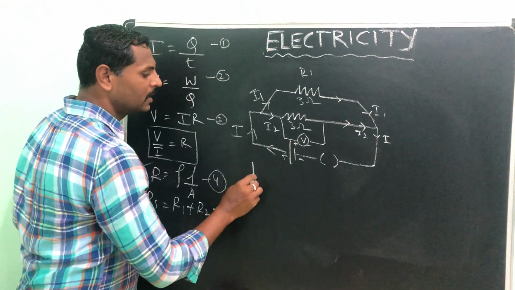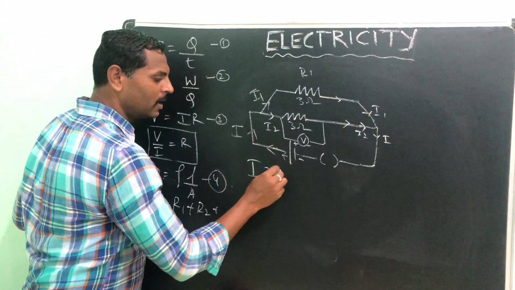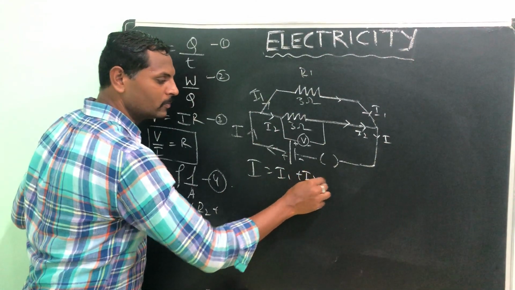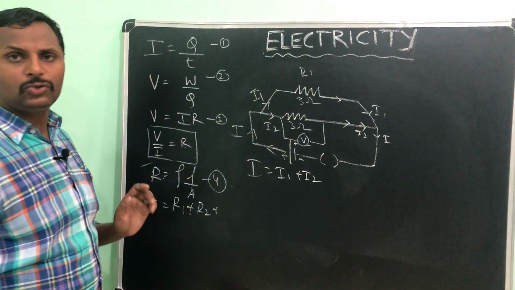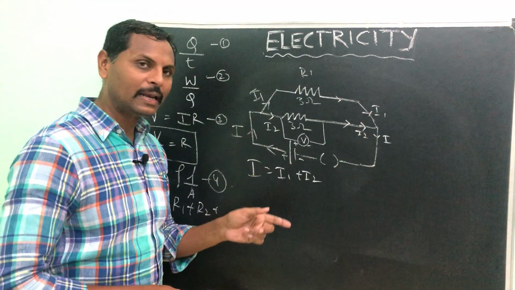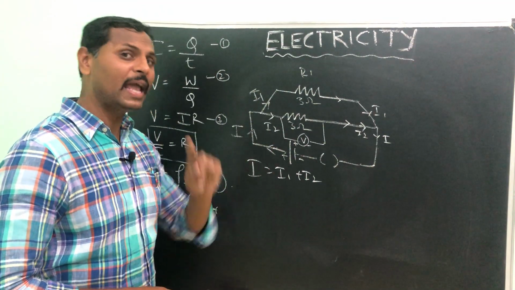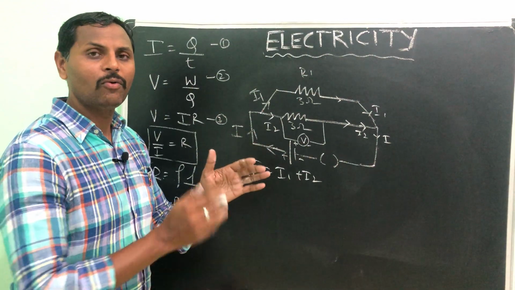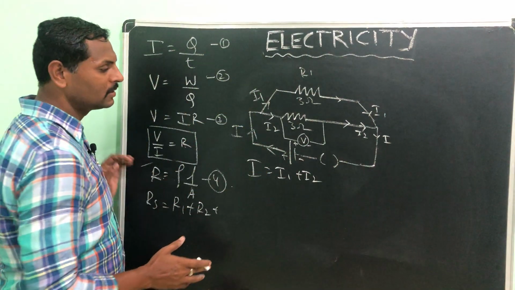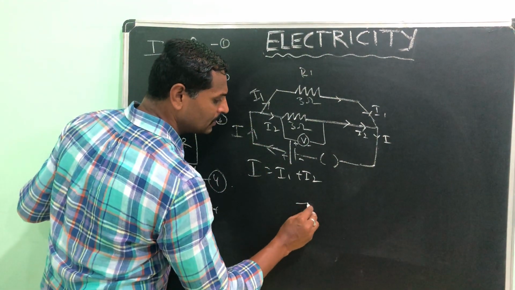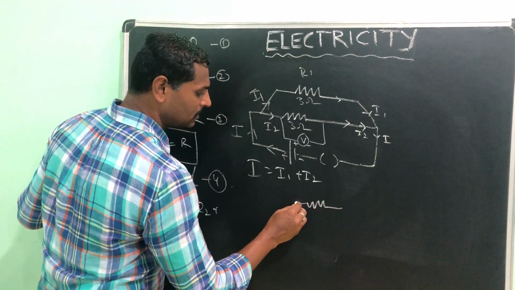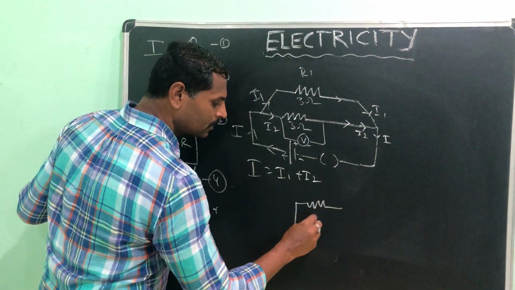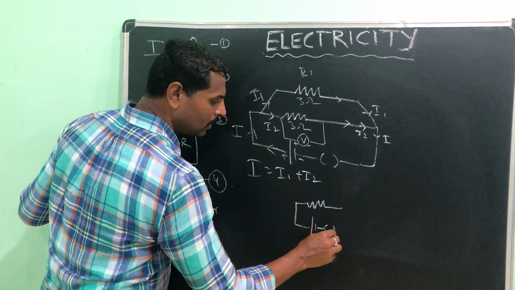Okay, that means I is equal to I1 plus I2. So if you want to remove these two which are in the parallel connection and place one effective resistance, you can take it like this, one effective resistance. Is it visible? Okay then.